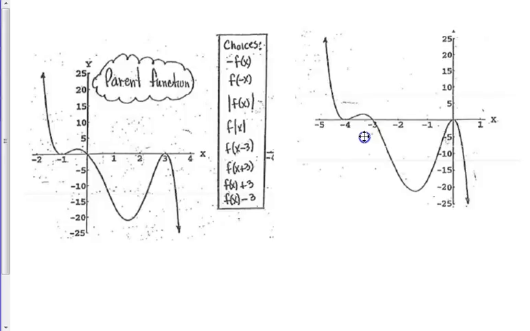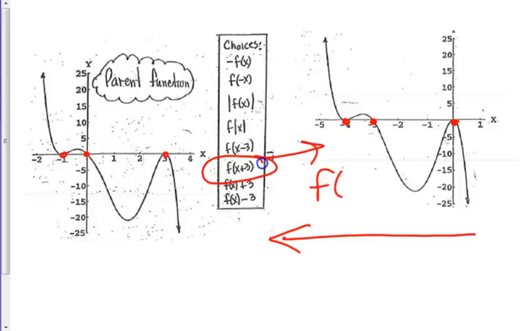All right, can you tell what happened here? -1, 0, and 3 are now over at -4, -3, and 0. Shifted to the left. So which one is that? Okay.